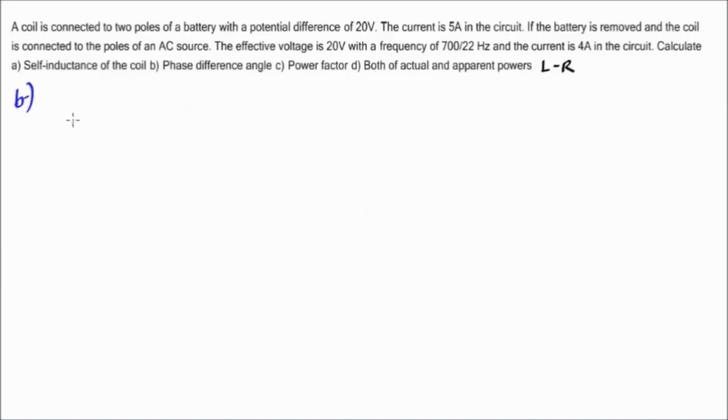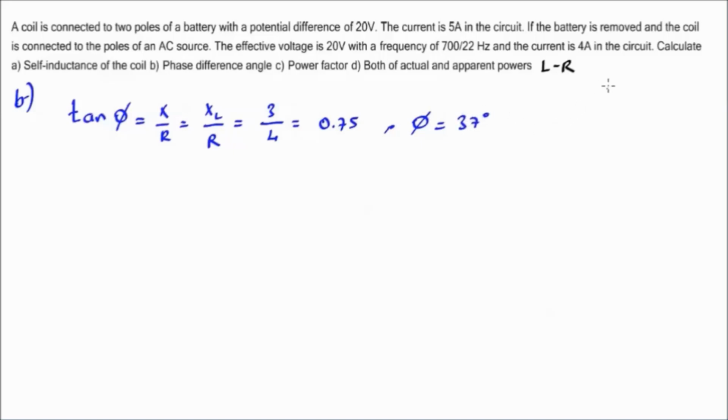B says calculate the phase difference angle. To calculate phase difference angle, we have to use tangent phi always. Tangent phi equals X over R, but there is no X as I said, so it's going to be XL over R. XL is 3 over R is 4, so it's going to be 0.75, and the angle, which is phi, is going to be 37 degree.